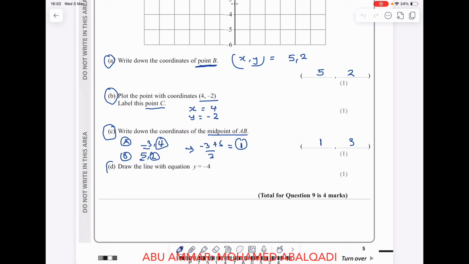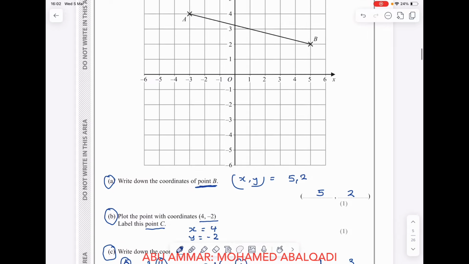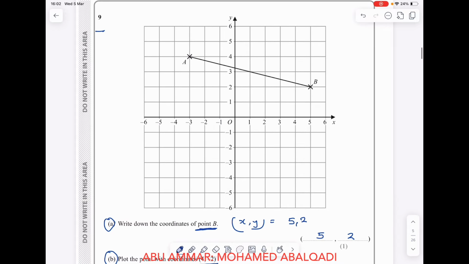Our next question is question 9d, which says draw the line with equation y = -4. Something that we need to know is that all horizontal lines have the equation y = a, where a is a number, because every point on the same horizontal line has the same y coordinate.